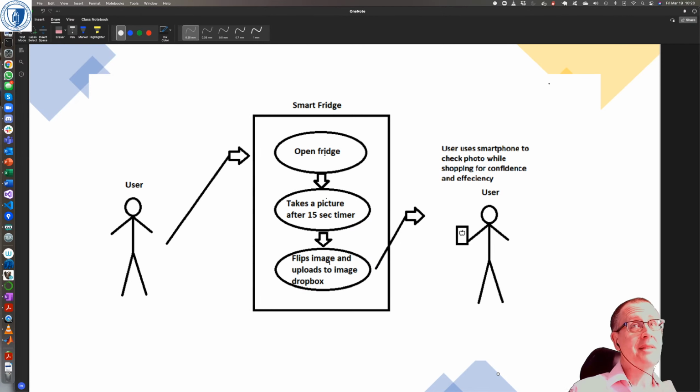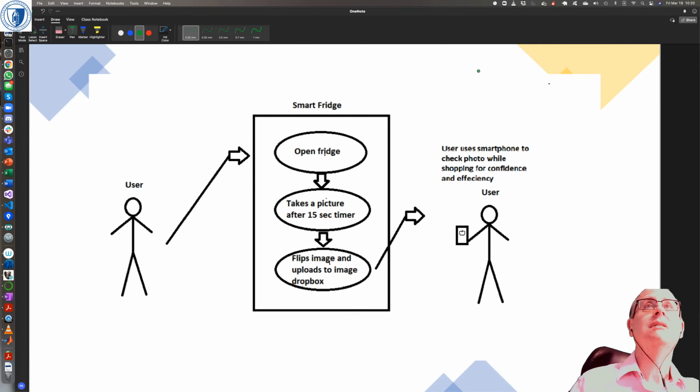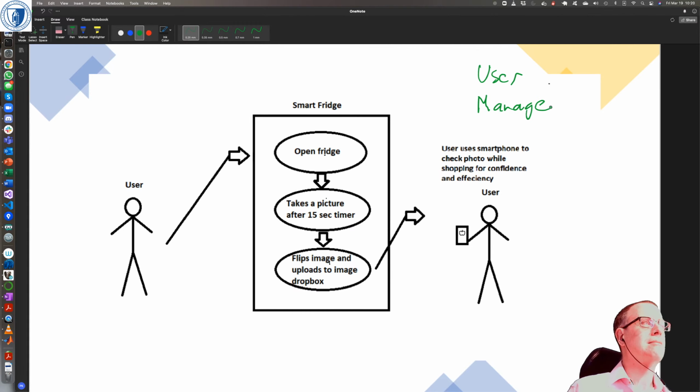The other word that I find isn't very helpful, just because it's so generic, is the word manage. User is one word, and manage is the other, because manage can do lots of stuff, and it's not very expressive.